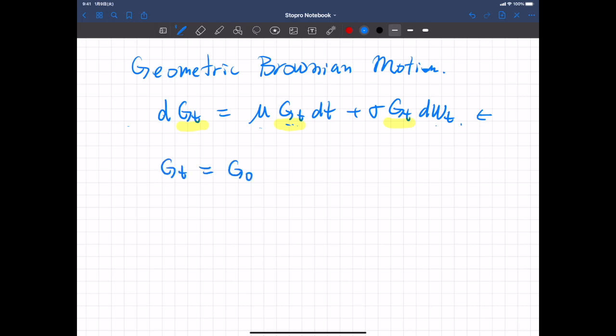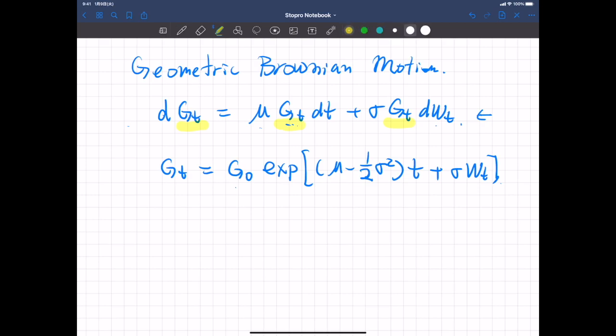The solution is G0, the initial value, times exponential of (mu minus 1/2 sigma squared) times t plus sigma Wt. Here everything is in the exponential function.